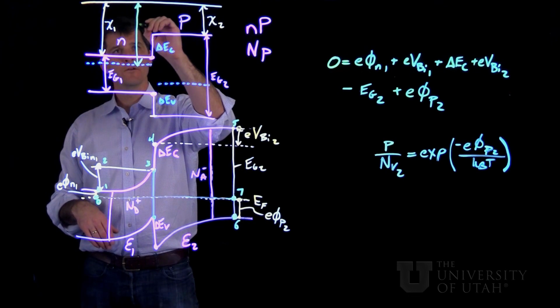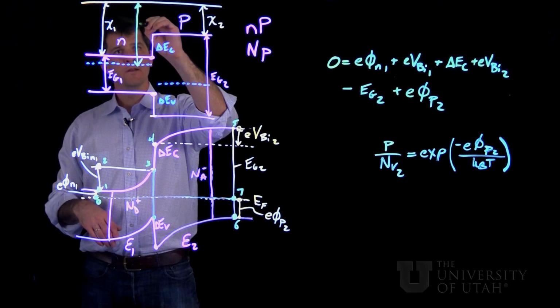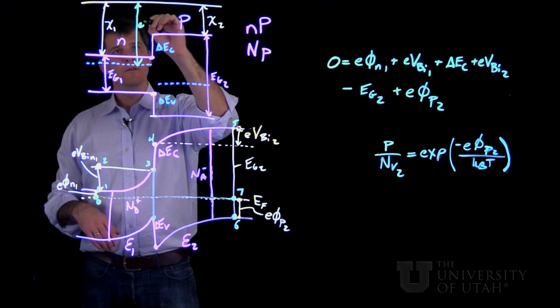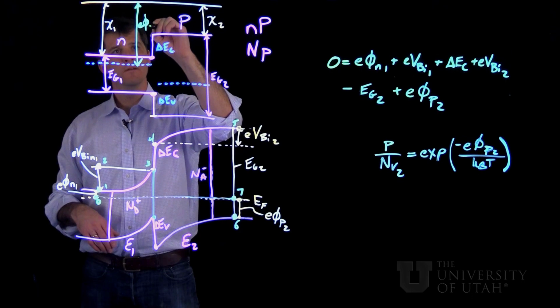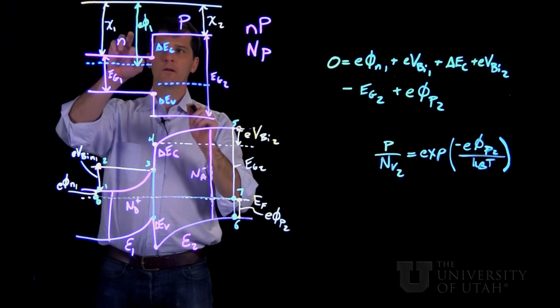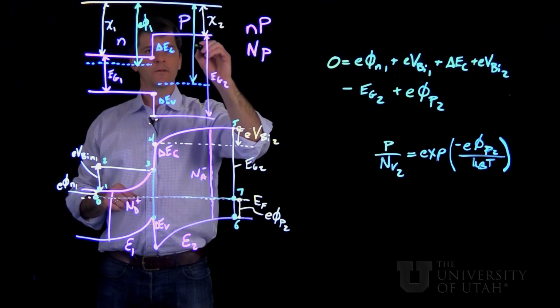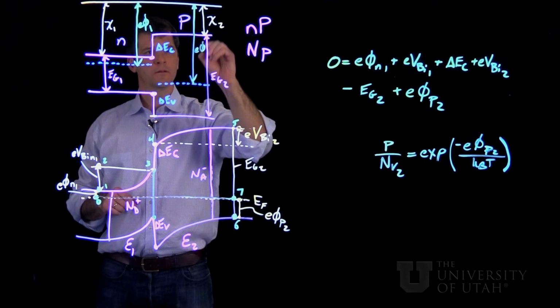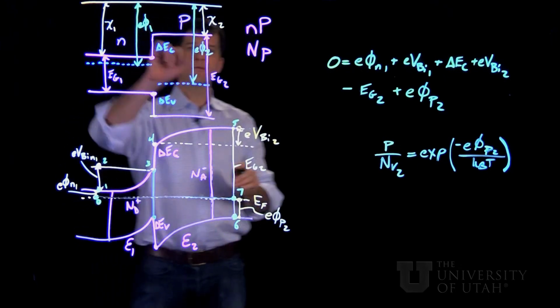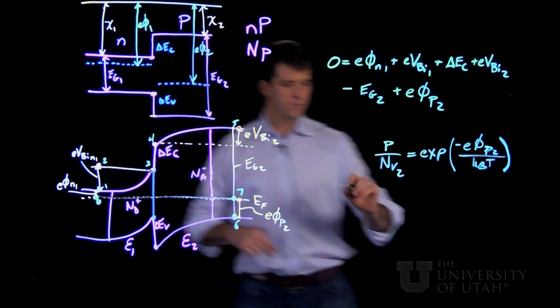So if we first, without even doing anything else, look at the original isolated band diagrams, the difference in work functions for the one material and the other material is going to determine the total built-in voltage.